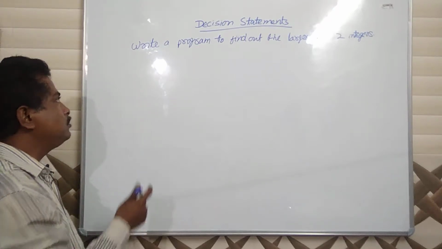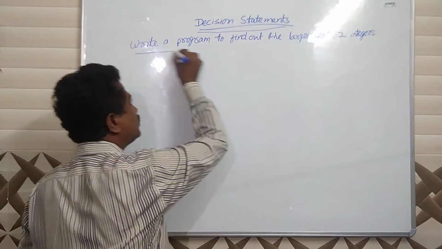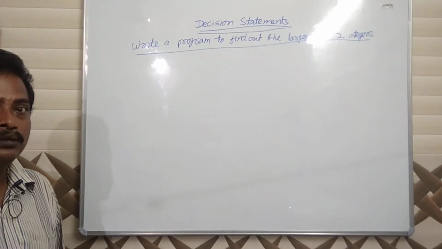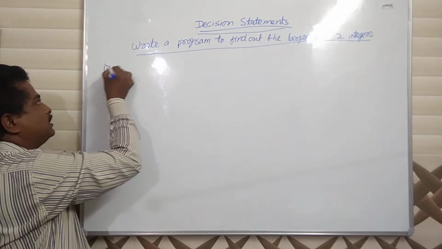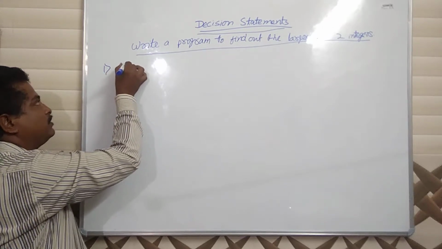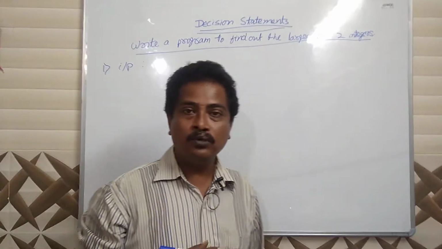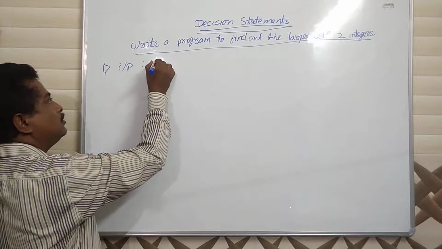As I told you, for any program, when you get the question, when you get the project, when you get the software to do, first find out the input. So in this program, our first step is to find out the input, and the input is two variables, two integers.